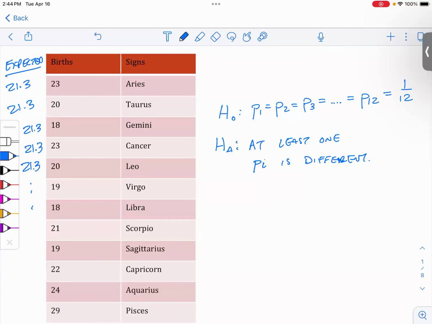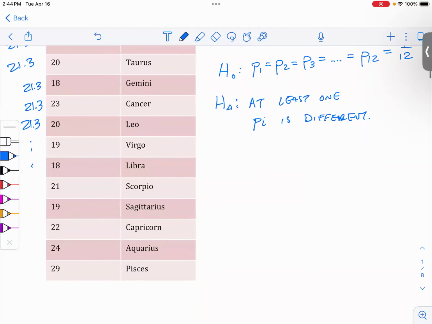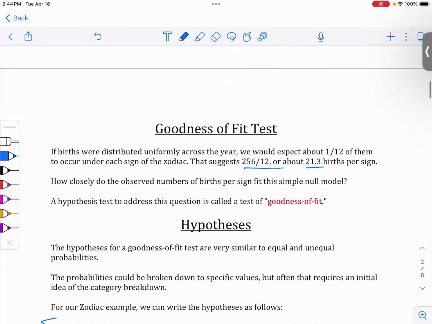Because if it was completely random, that's what we would expect if the probabilities are even. And we see, right, Pisces down here, that one is the biggest distance, 21.3 versus 29. Now again, StatCrunch is going to do the calculation to see, is that value big enough, or is that just sampling variability?